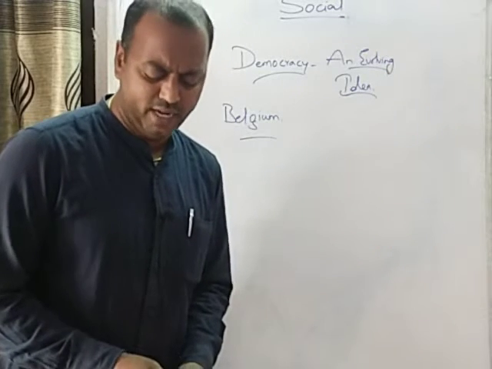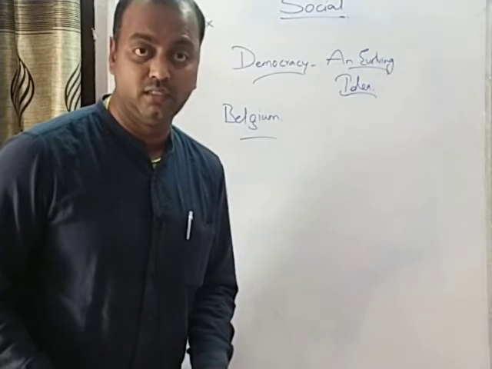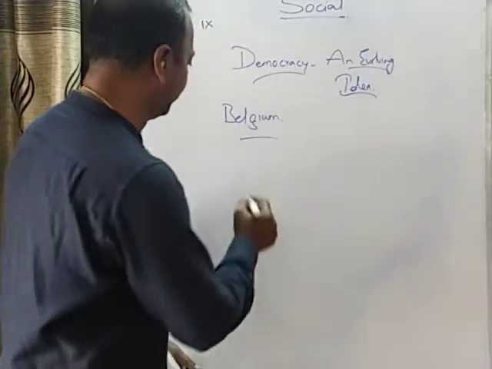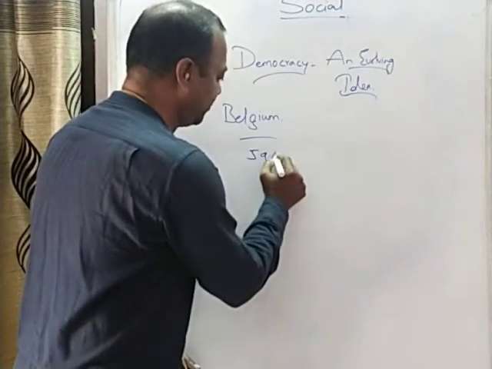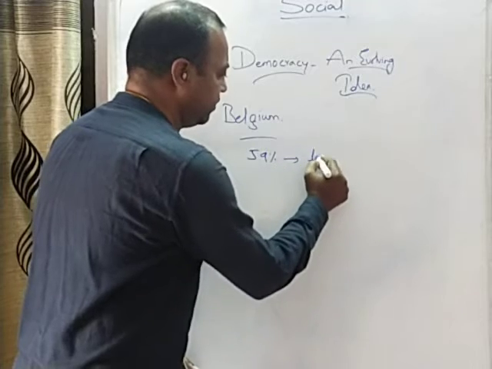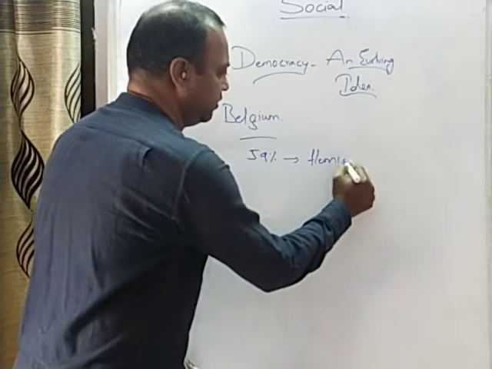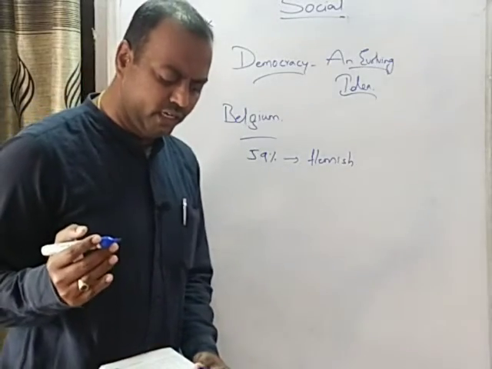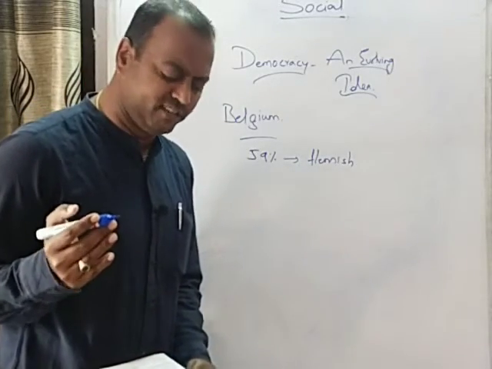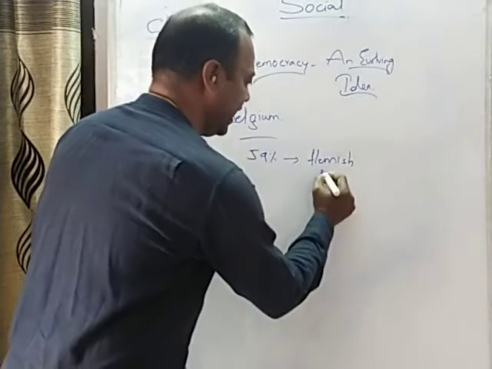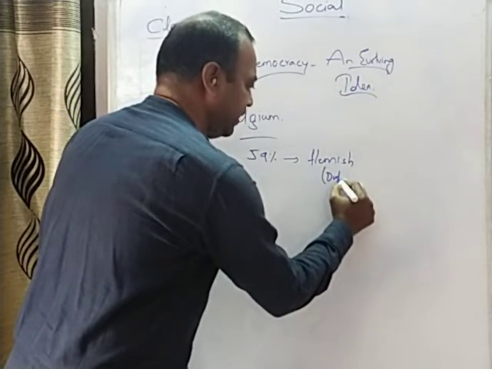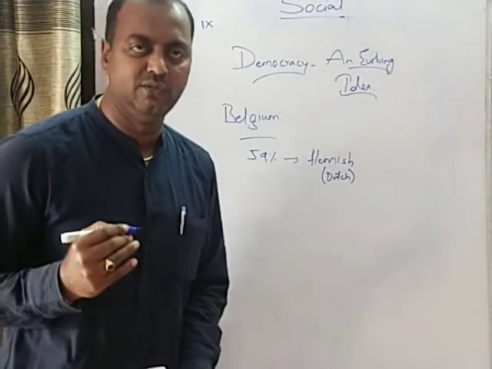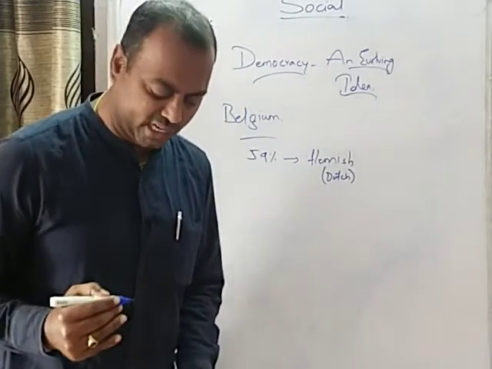Of the entire country's population, 59% of people live in the Flemish region, and the Flemish region people speak the Dutch language. Which language do they speak? They speak Dutch.